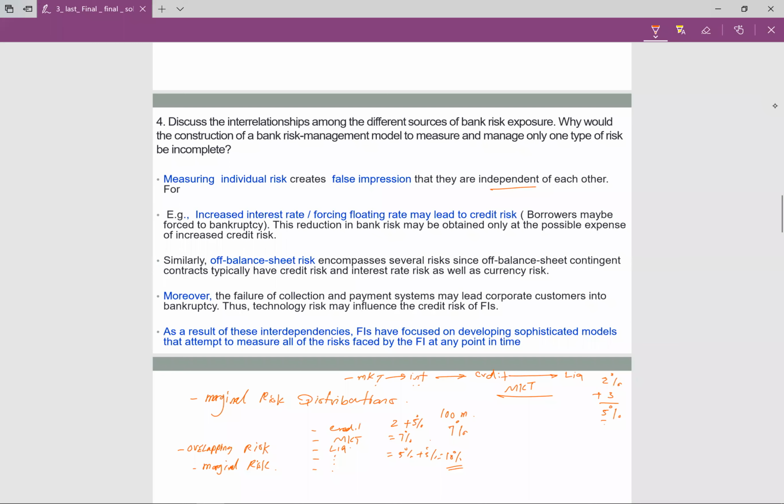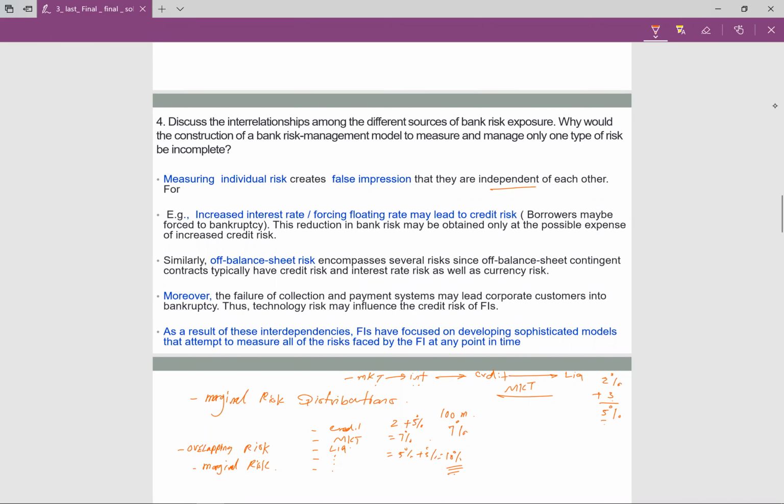The central bank increased it from 2 to 3. My loan to this guy was floating, which means based on the movement of the interest rate of the central bank. So when I add it, it will be 10%. So an increased interest rate forcing floating rates may lead to credit risk. Borrowers may be forced into bankruptcy, like this businessman. This reduction in bank risk may be obtained only in the possible exposure of increased credit risk. See?